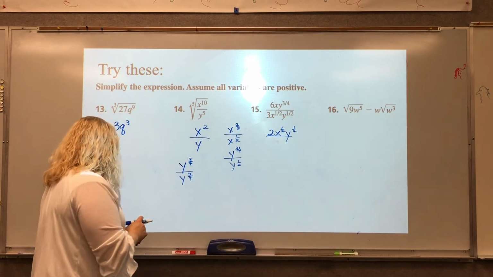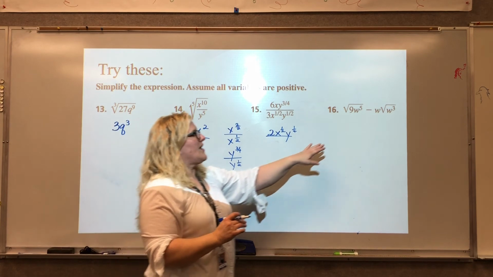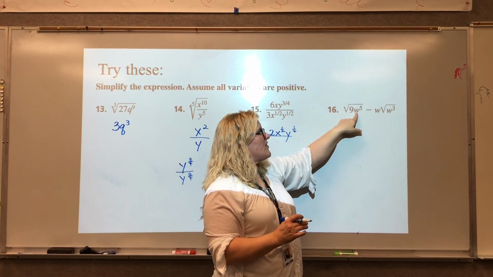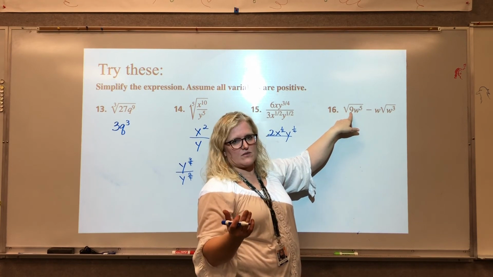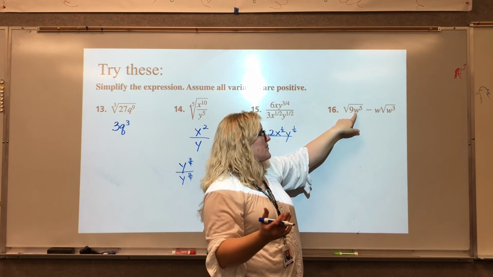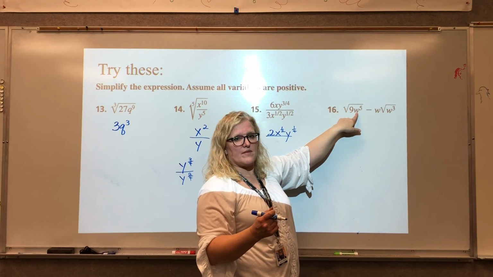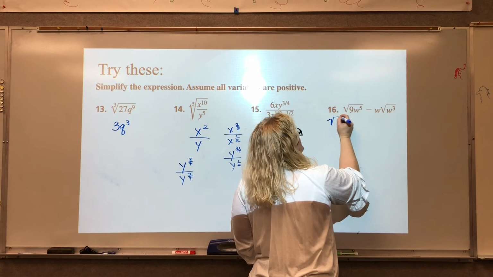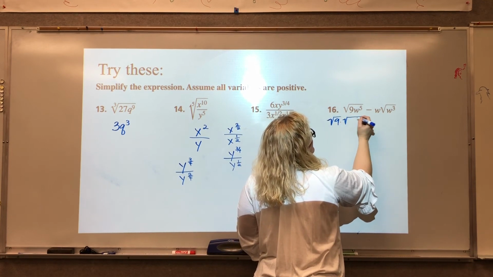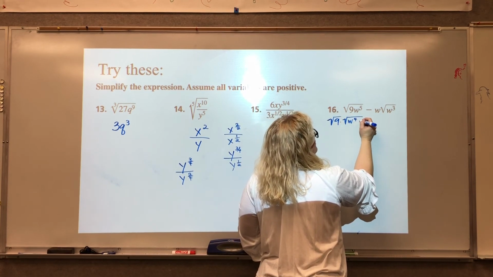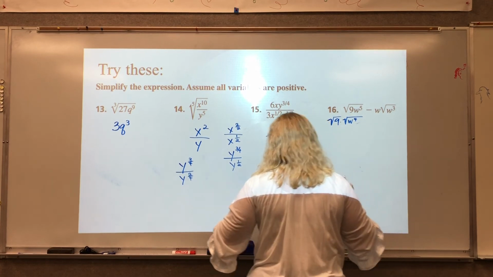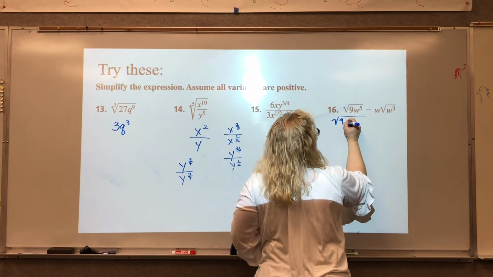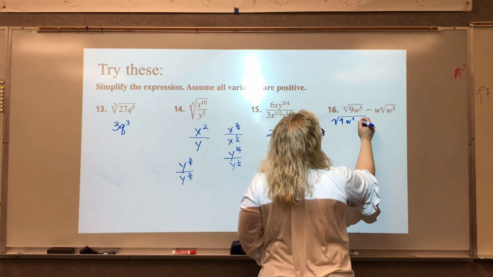Okay, and finally over here, now I'm dealing with square roots. So do I have a perfect square in 9? Well, yeah, the square root of 9 is 3. How about w to the 5th? I do have a perfect square factor in there, and that is w to the 4th. You know what, let's put this all under one root. Let's do it that way. So 9 times w to the 4th times w.